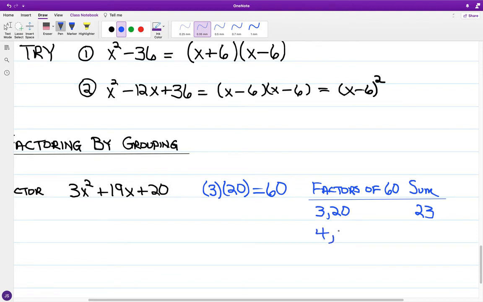But if I take 4 into 60, 4 will go into 60 15 times. So I have all combinations: 3 and 20, 4 and 15, 5 and 12, 6 and 10. Out of the combinations that will add up to 19, we have 15 and 4 involved.